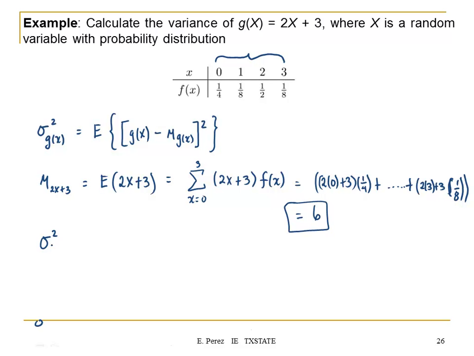So we have sigma squared of 2x plus 3, and this is equal to the expectation, this is coming from here, of 2x plus 3 minus mu of 2x plus 3, everything squared.